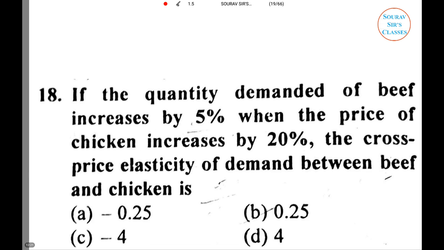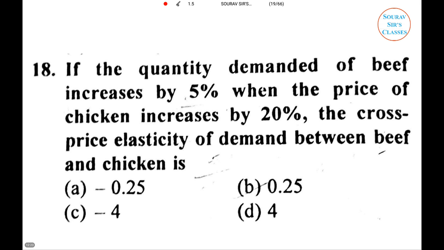If the quantity demanded of beef increases by 5% when the price of chicken increases by 20%, the cross price elasticity of demand between beef and chicken is... so let us calculate. It is percentage change in QX, say this is beef, and percentage change in PY, which is for price of chicken.